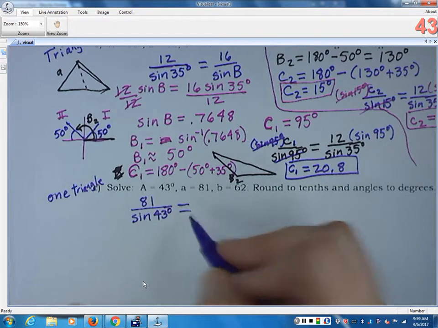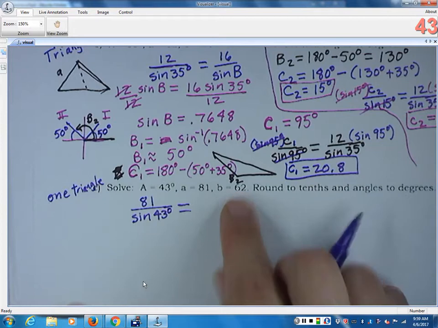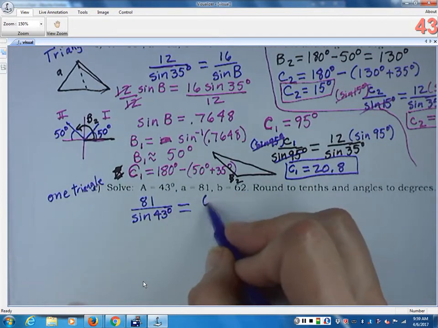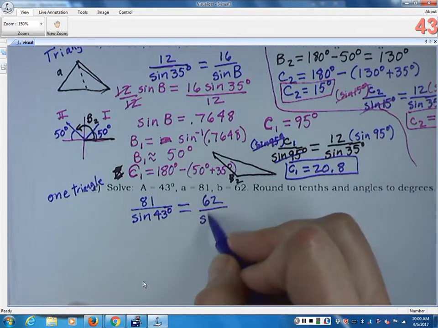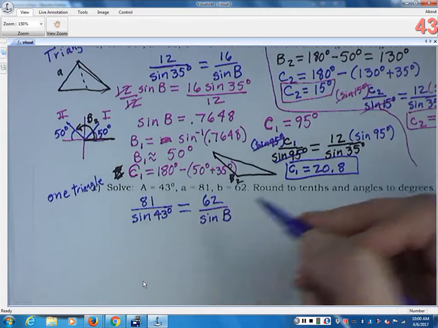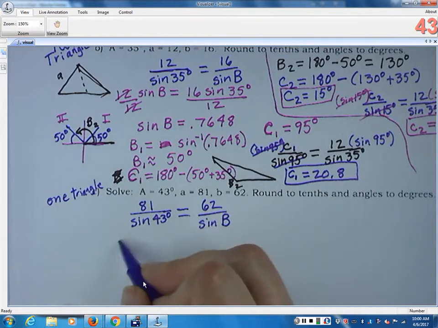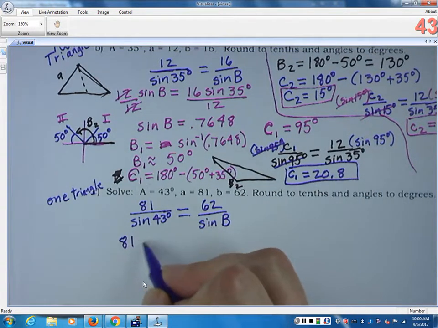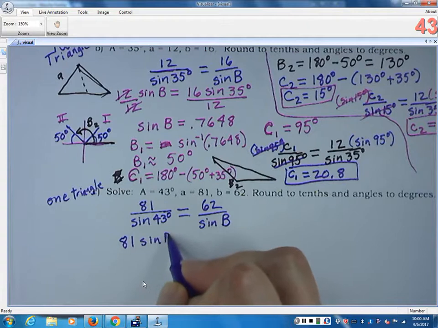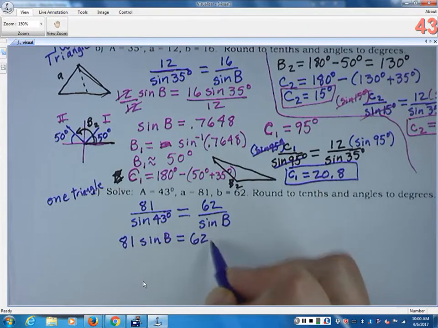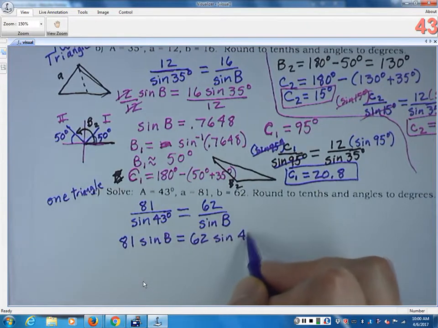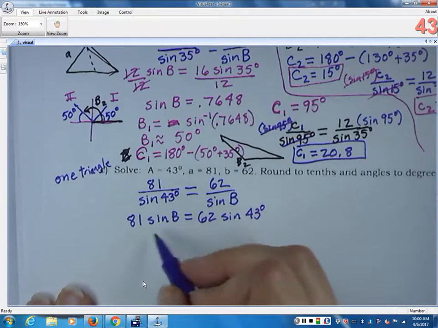And then we know side B, so that's 62 over sine capital B. We're going to cross multiply: 81 sine B equals 62 sine 43. Divide by 81.